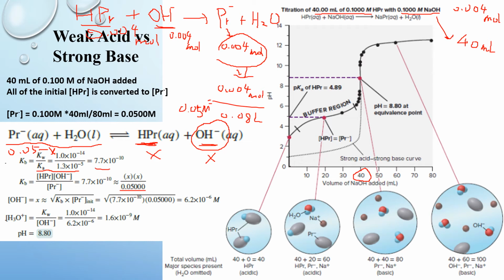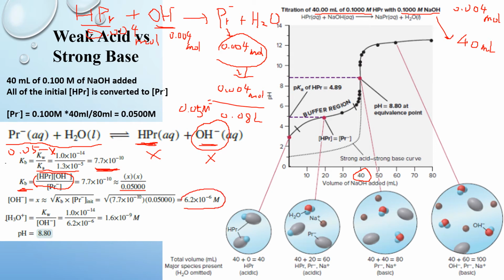The Kb of this reaction is 7.7 times 10 to the negative 10, and the Kb is also equal to the concentration terms in this expression here. The numerator is x, and the denominator is 0.05, so we can calculate x.